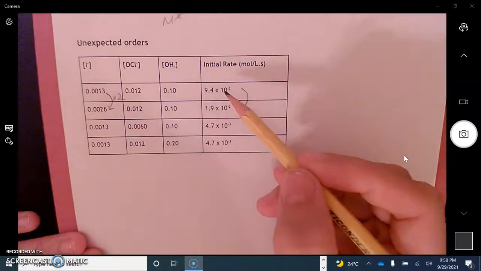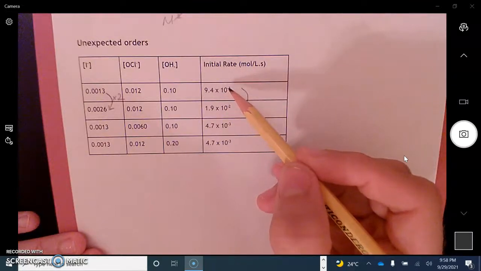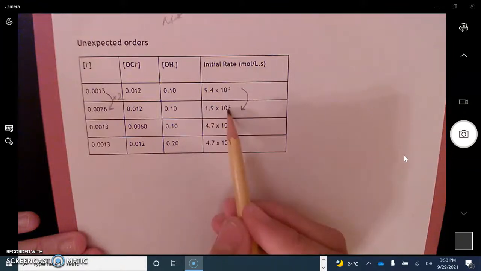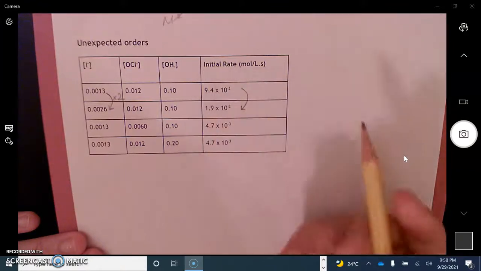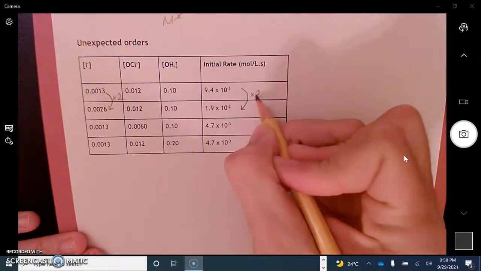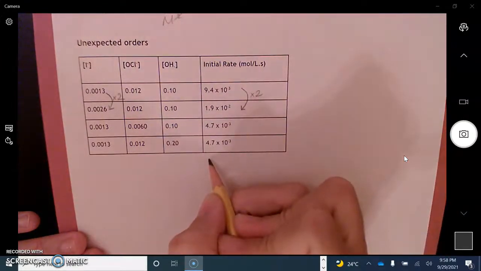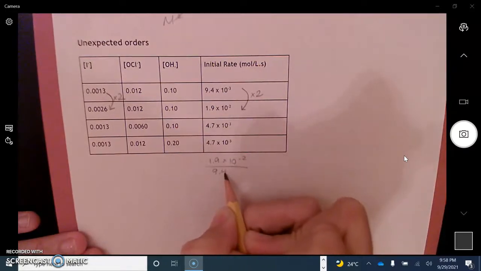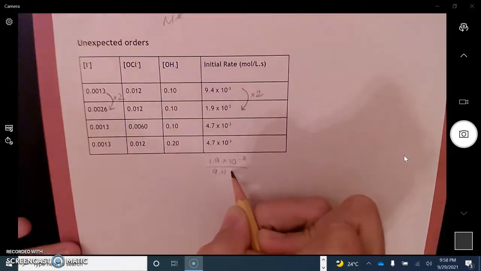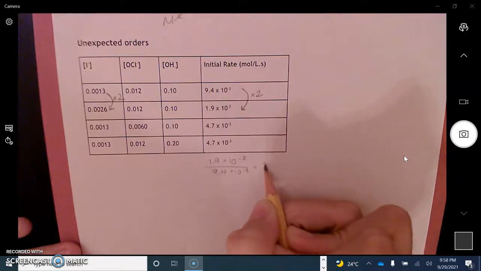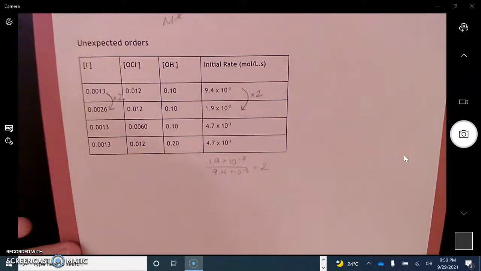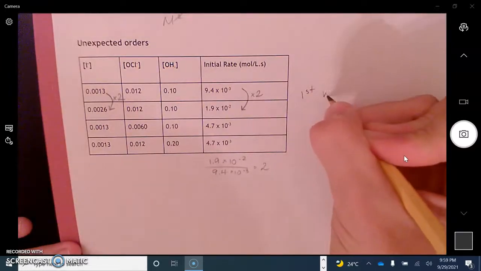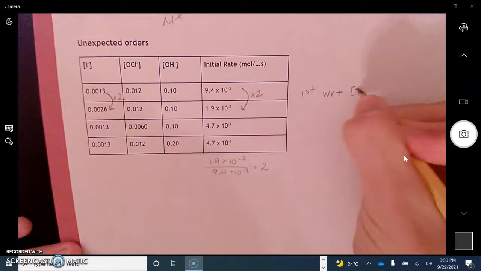If I make these all 10 to the minus 3, this one would become 19, which is double 9.4. Okay. If you're not confident with that math, just put it in your calculator. 1.9 times 10 to the minus 2 divided by 9.4 times 10 to the minus 3, and you'll get 2. And you'll know it's double. All right, so that's first order with respect to iodide.